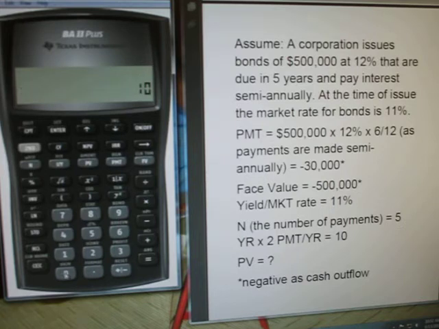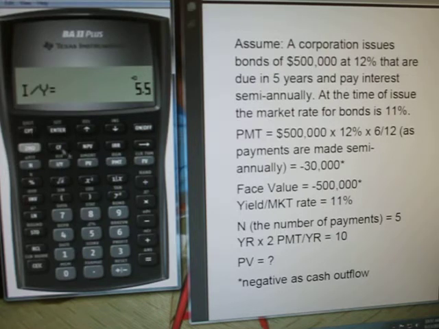I'm going to enter 10 for my payments, and lastly, because I have my payments per year set to 1, I have to take the market yield rate of 11% and divide by 2. That gives you 5.5%. Hit I/Y.